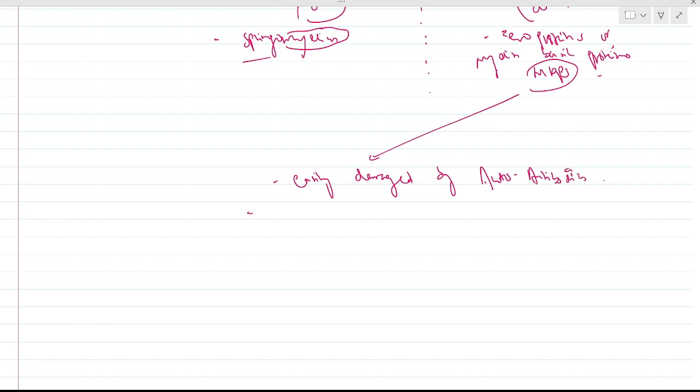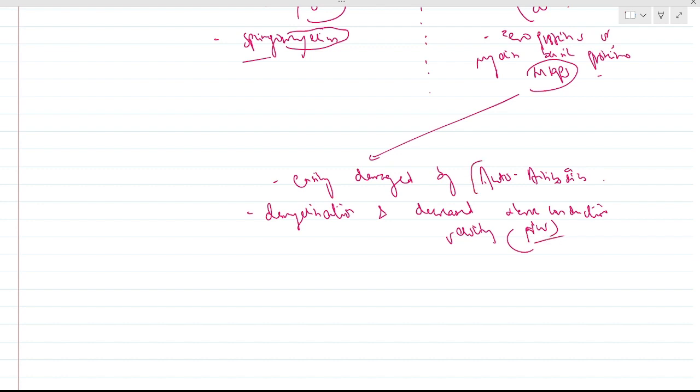Okay, so this leads obviously to demyelination and decreased nerve conduction velocity, in short NCV. They are easily damaged by autoantibodies, which act on zero proteins or myelin basic proteins. This leads to demyelination and decreased nerve conduction velocity.